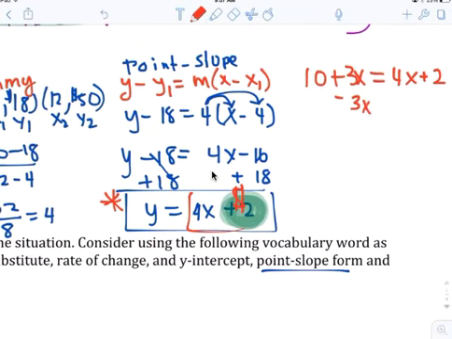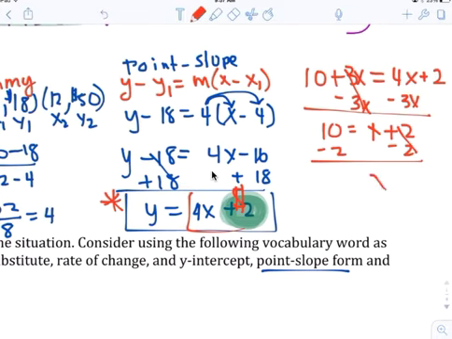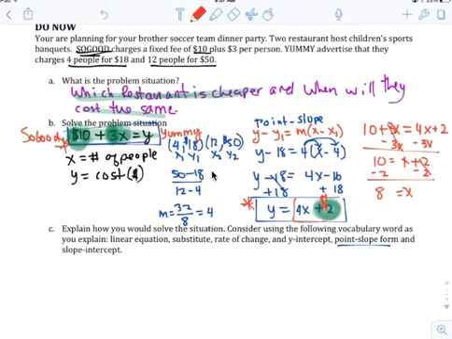Minus 3x, minus 3x. So we get 10 equals x plus 2, minus 2, minus 2. X equals 8. So 8, what? X represents 8 people.